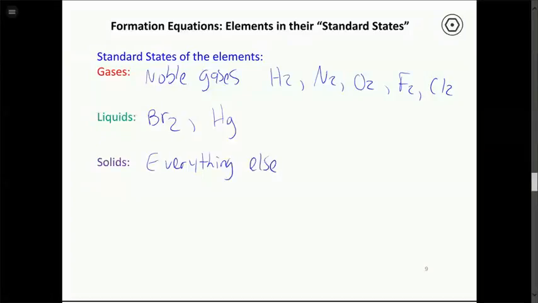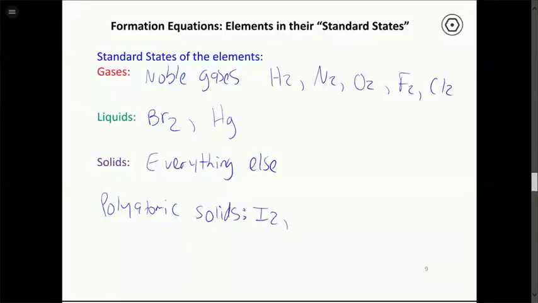All right, there are roughly 118 elements on the periodic table, so with all but maybe 15 or so exceptions, they're all going to be existing as solids. Now there are a few examples of elements that are also polyatomic solids, which means they're not just single atoms in their smallest unit. They are polyatomic. So iodine exists as I2.